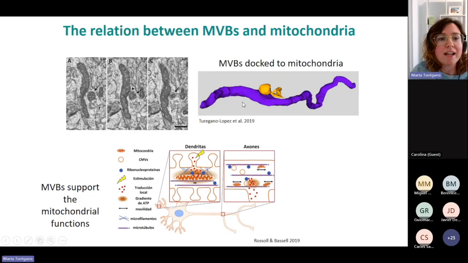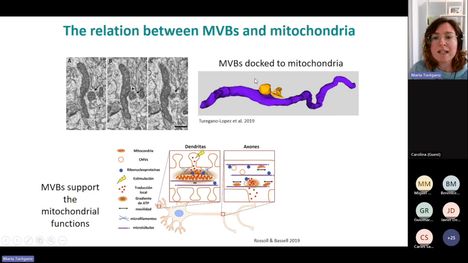Okay, and now I would like to go deeper into the relation between multivesicular bodies and mitochondria. This is a relation that we have explored before in other works in rat and mice. As you can see here in this series of electron microscopy images, we can observe how some of the MVBs are docked directly to the mitochondria. And this is a reconstruction.